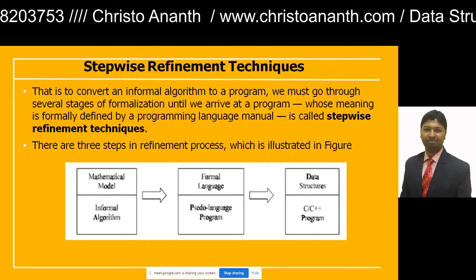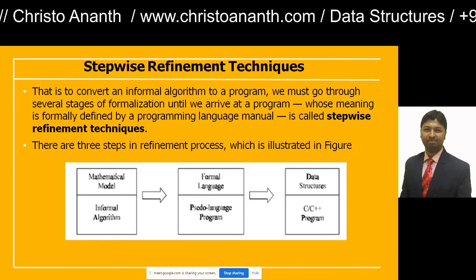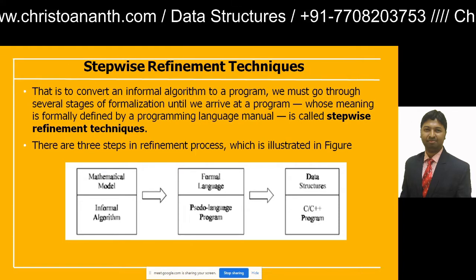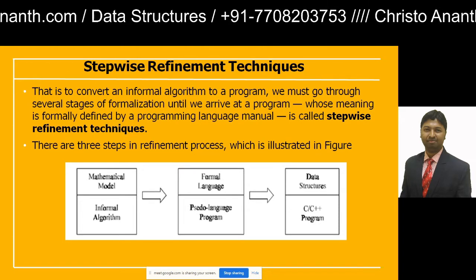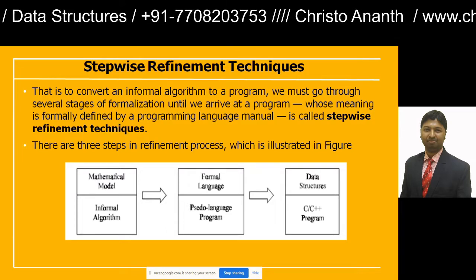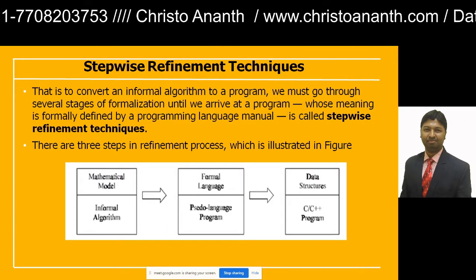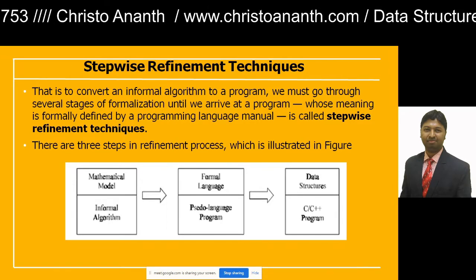We are going to convert the informal algorithm to a program, and we have to pass through several stages of formalization until we arrive at a program, which means you formally define with the help of a programming language what we call stepwise refinement techniques.